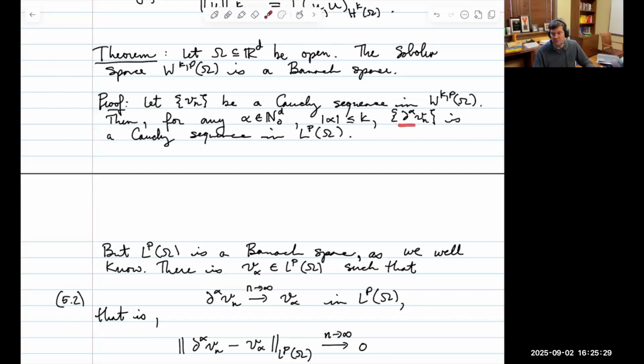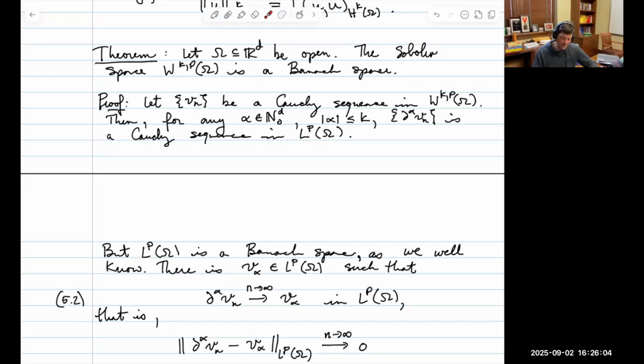So every derivative that you see is going to be a weak derivative unless it's known that the function is classically differentiable in the usual sense. Well, what we can show is that if this is a Cauchy sequence, then each one of the sequences of its derivatives, all the partial derivatives up to and including the kth order partial, are Cauchy sequences. Each one of those are Cauchy sequences, and in fact, they're Cauchy sequences in this space L^p.